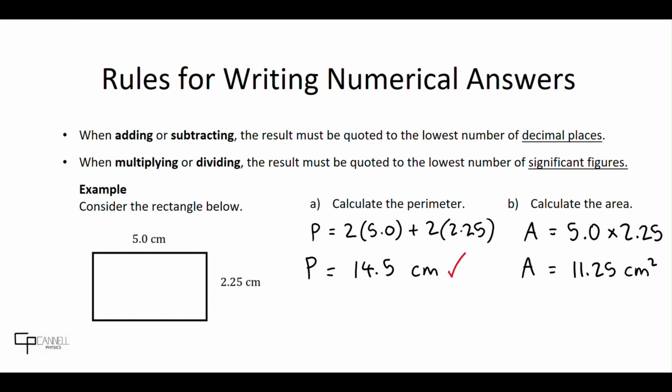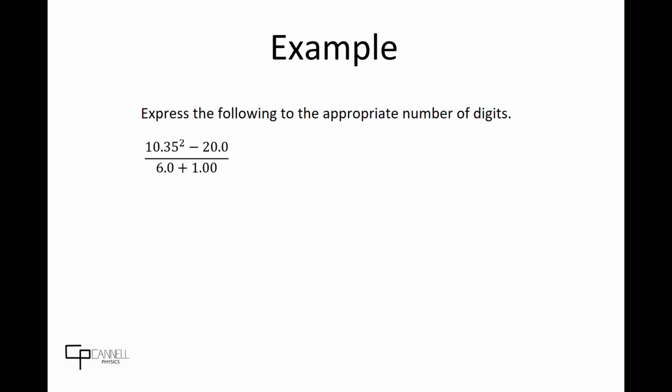So I can see that what my calculator directly gave me, 11.25, is too many significant figures because I have to make sure it's only to 2 significant figures, the lowest number of significant figures from the data. So I can use rounding to adhere to this rule and write that as 11 square centimeters. And that's it. Let's try a more complex example.